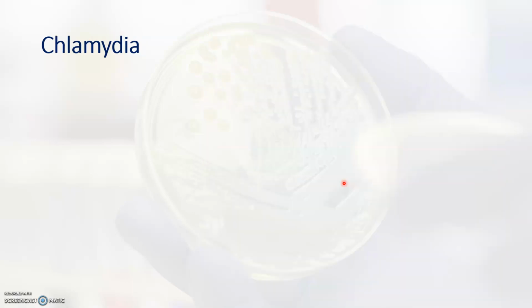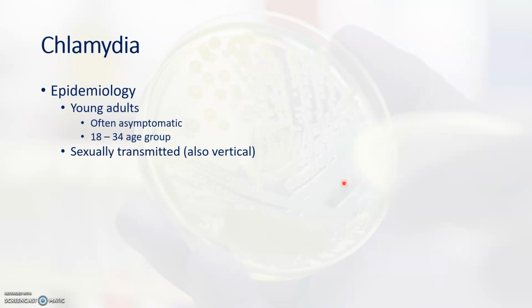So let's think a little bit about chlamydia. This is probably the most common sexually transmitted infection seen in the 18 to 34 age group. It's often asymptomatic and usually sexually transmitted, but can also be acquired through vertical transmission from mother to baby.